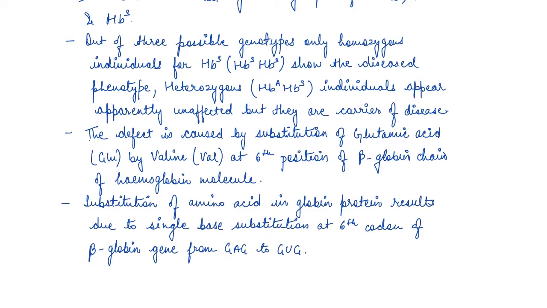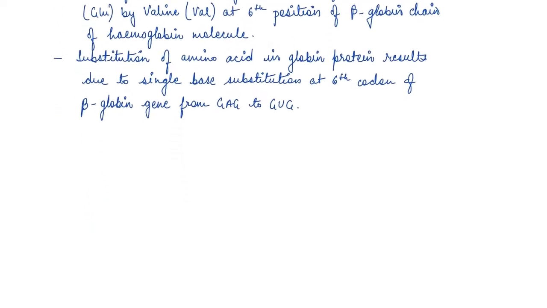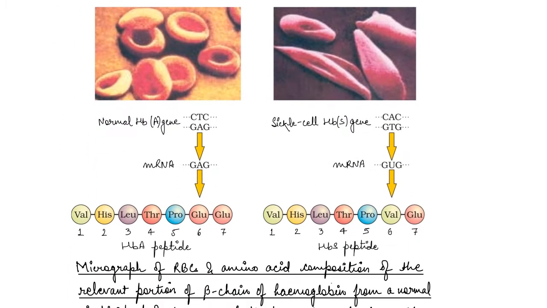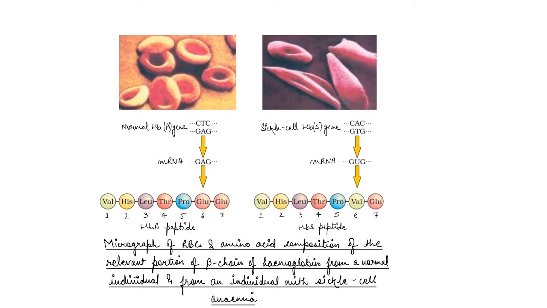Now, substitution of this amino acid in globin protein results from single base substitution of sixth codon of beta globin gene. Now, from GAG it changes to GUG, right? So if you see it here, these are normal hemoglobin cells, right?